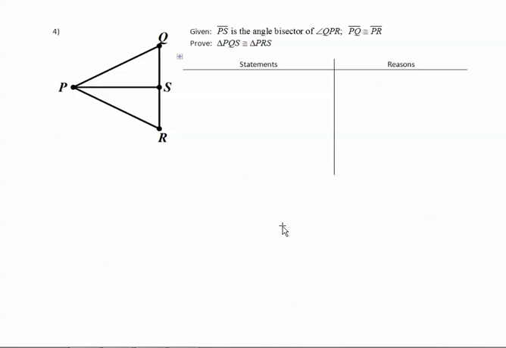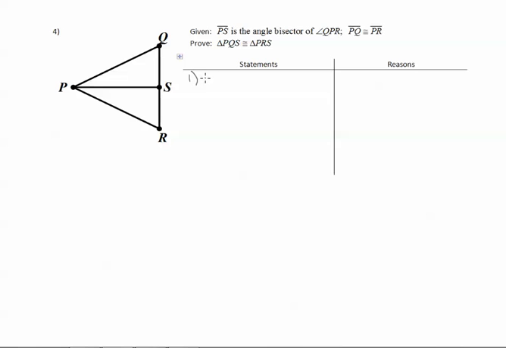Alright, so now we're looking at number 4 from the triangle congruency shortcut proofs, and we're going to try to show that triangle PQS is congruent to triangle PRS. Let's look at our givens first.